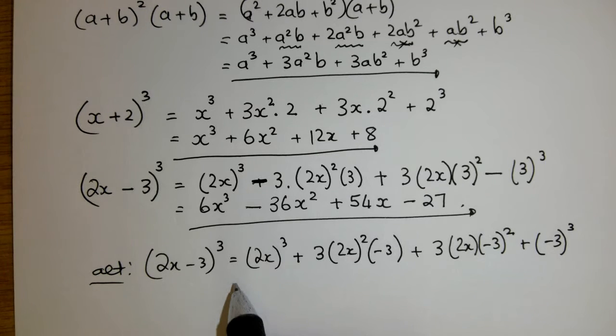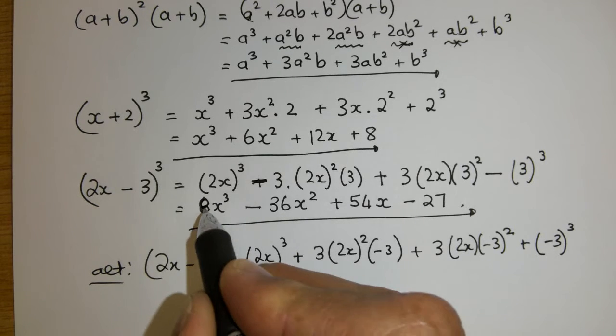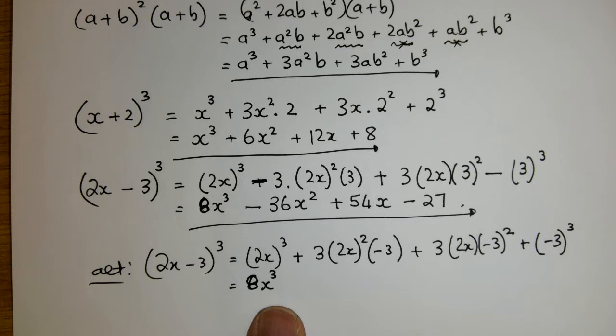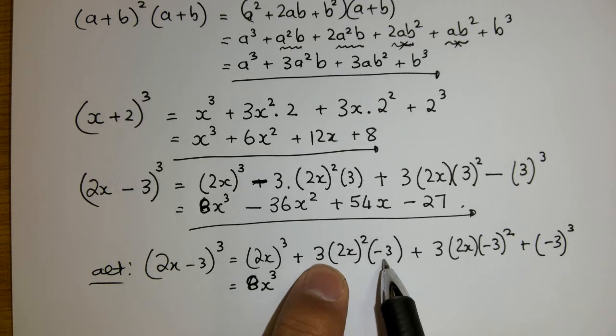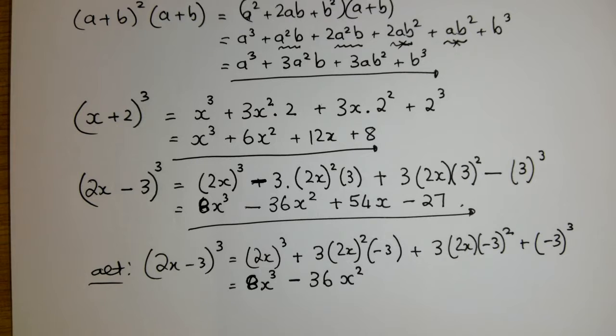Now let's see if we get the same thing. This is still 8x. 2 to the 3 is not 6. 2 to the 3 is 8. So this is 8x cubed. I made that stupid mistake now. 3 times 2 to the power 2 is 4. 4 times that product, which is 9, is minus 36x squared.